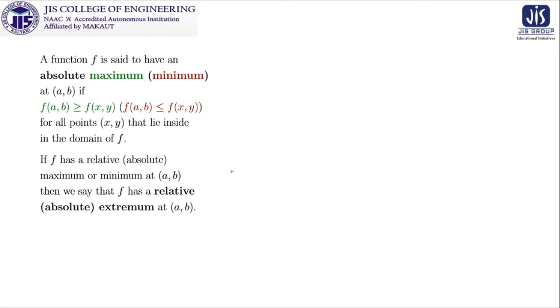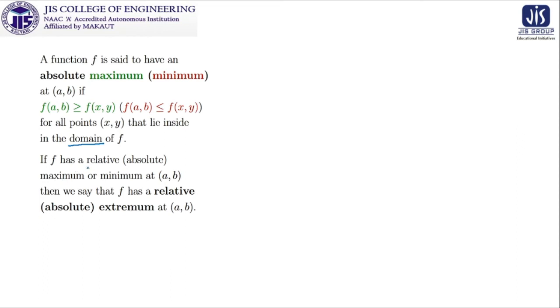Now when will we call it absolute maximum? If at a point (a, b) we are trying to find out, then f(a, b) is greater than or equal to f(x, y) for all (x, y) lying inside the domain. The only difference is that in the previous case we took the disk, now we are taking the whole domain.